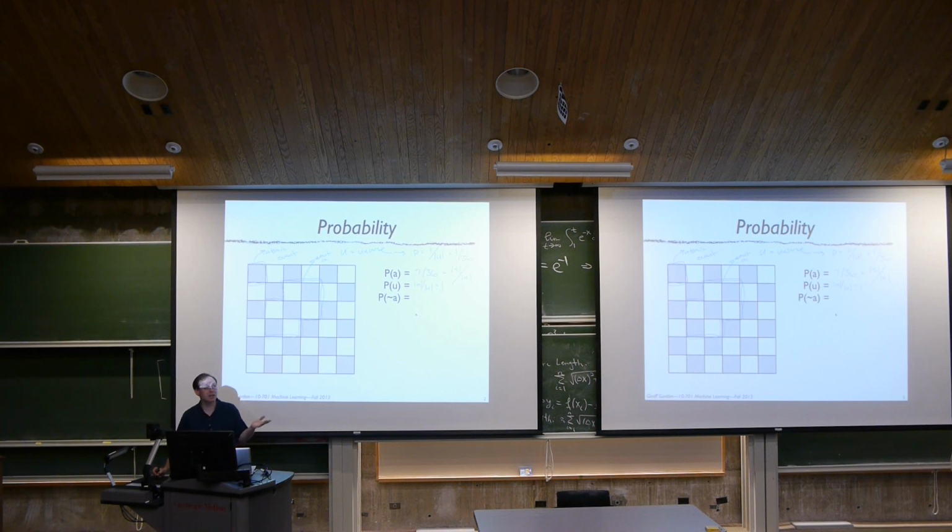And the probability of not A? It will be 1 minus the probability of A, which, if you are fast with the rationals on your feet, gives you 29 over 36.